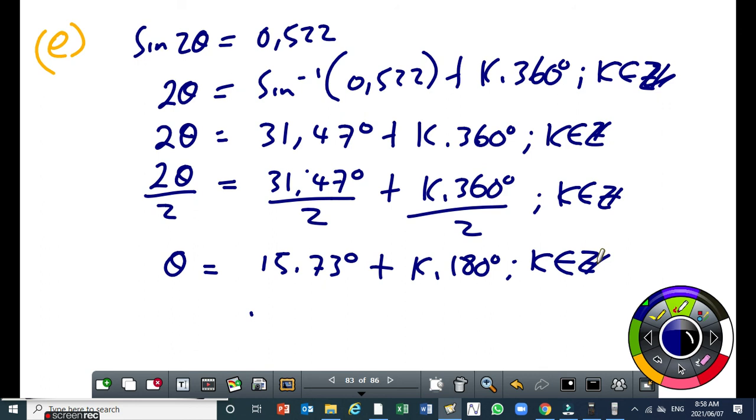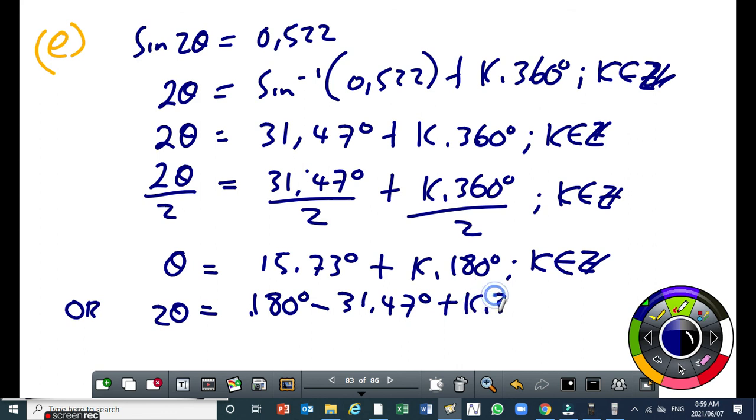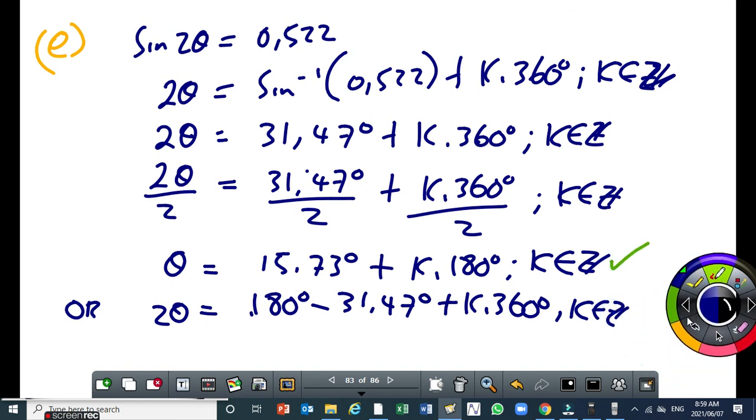Now, to get the second one, I have to subtract this reference angle from 180 degrees. So I'll say, or 2 theta is equal to 180 degrees minus 31.47 degrees plus k times 360 degrees, where k is an integer. Your first answer is that one, right?